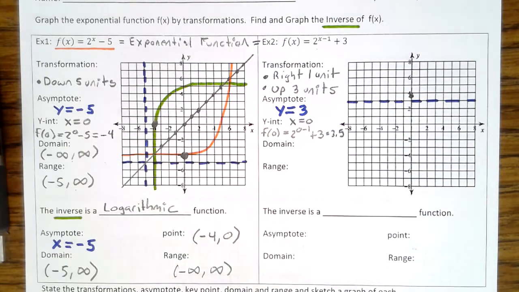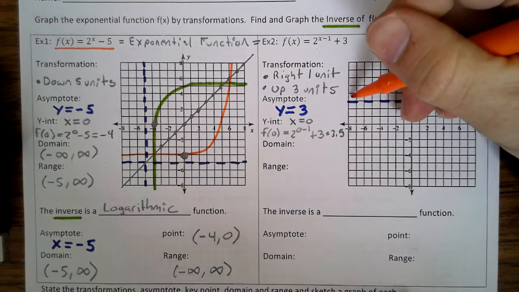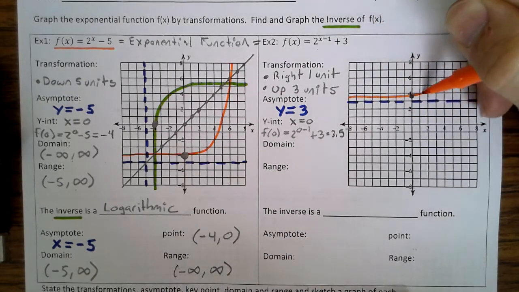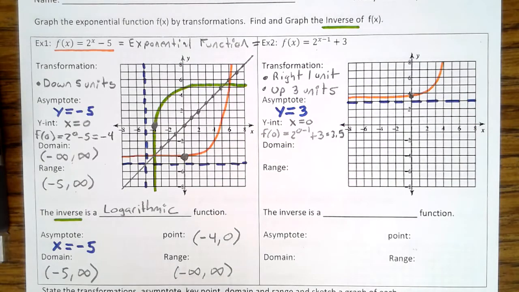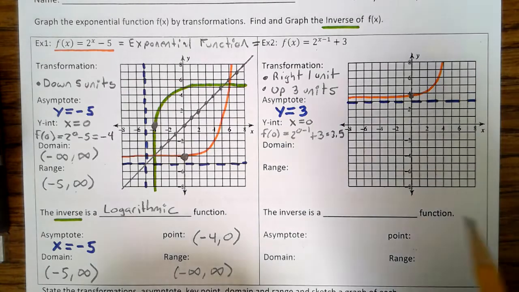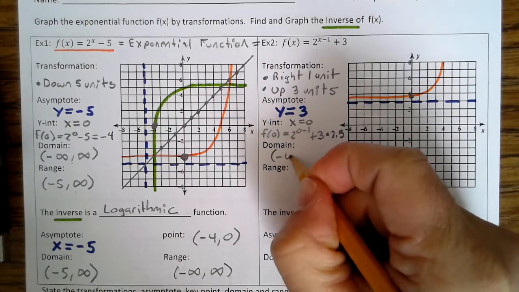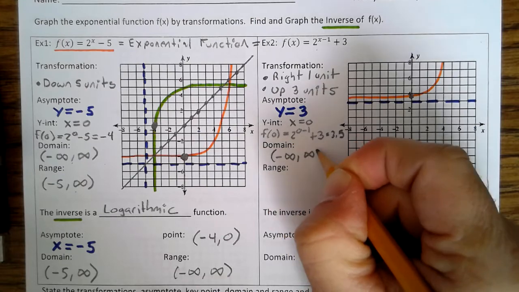Now, we know with an exponential function, the curve applies like so. Now, domain for exponential function is negative infinity to positive infinity, and the range is from 3 to infinity.